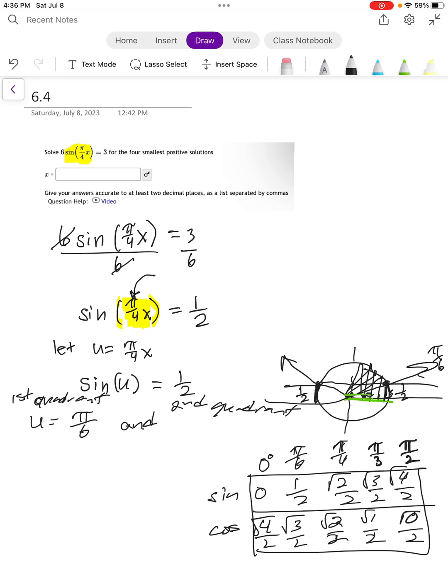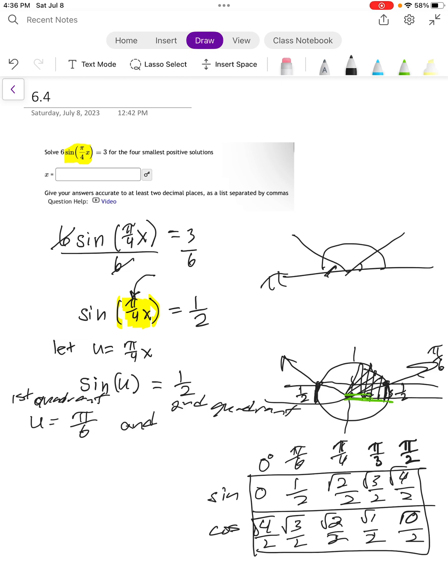This 180 all the way across would have been pi. But we know that it has the same reference angle. That's why it has the same sine value.